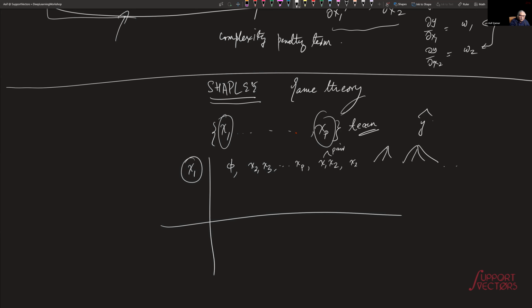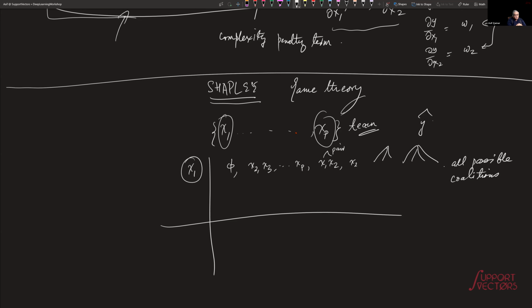So you can form all possible coalitions, different people gathering together. Or another way of putting it is by taking different subsets of features, but excluding X1. Are we together, guys?